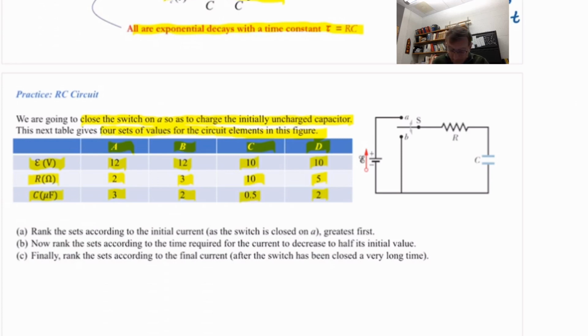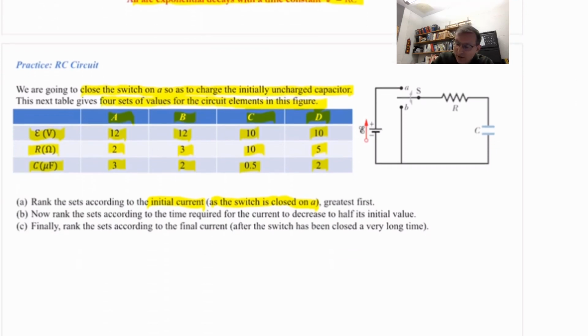All right, A. Rank these 4 sets, A, B, C, and D, according to the initial current, just as the switch is closed on A, greatest first. So I'd like you to pause the video, think about that, and then come back when you're ready.